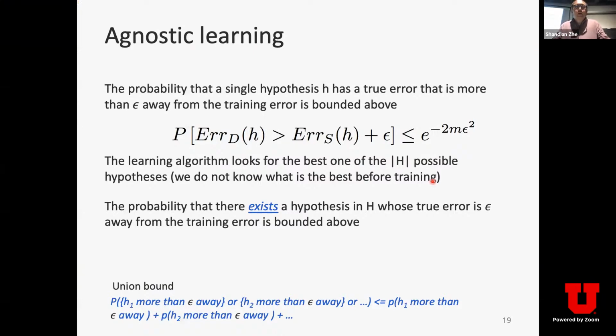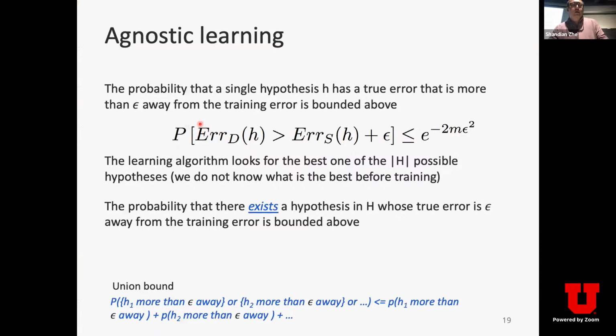In that case, we can still use some tail bounds. Here, the tail bound we use is called Hoeffding's inequality, to derive something about the generalization error in terms of the training error. I'm not going to go through the details, just to let everyone recall what we discussed. Error S is the training error, and error D is the generalization error.